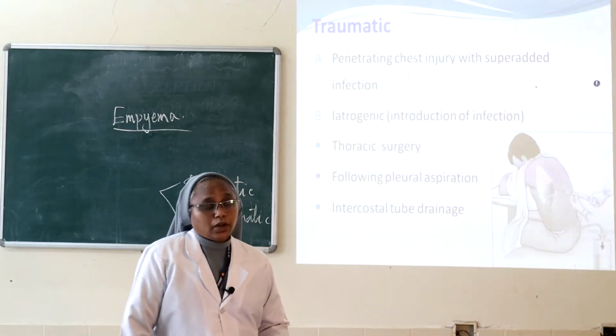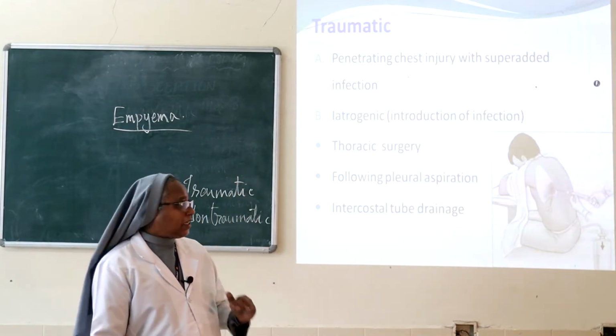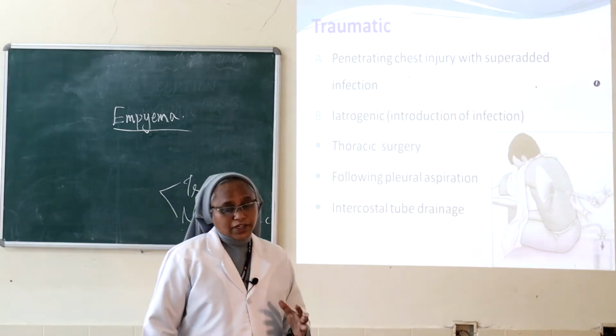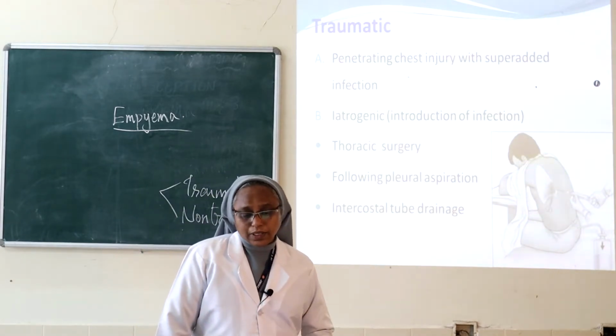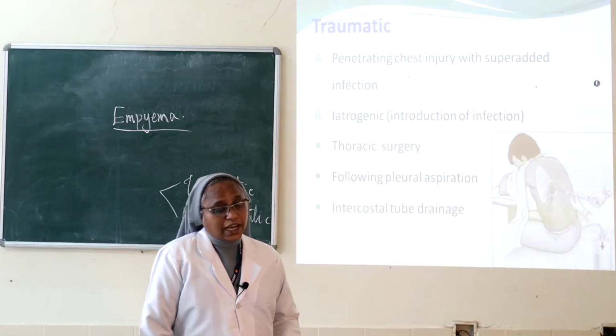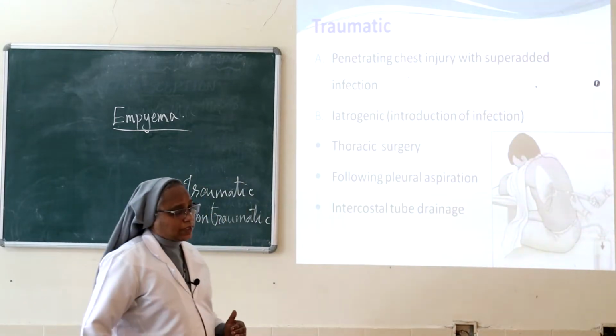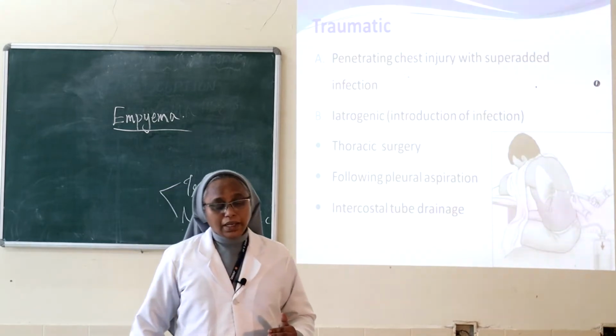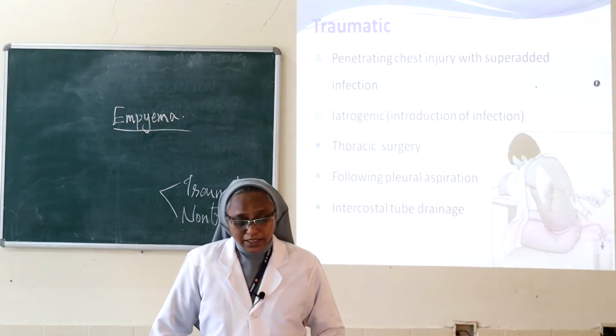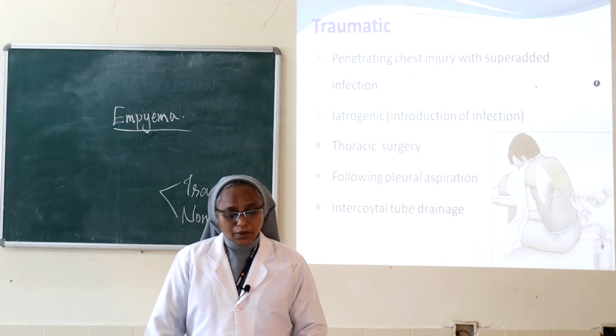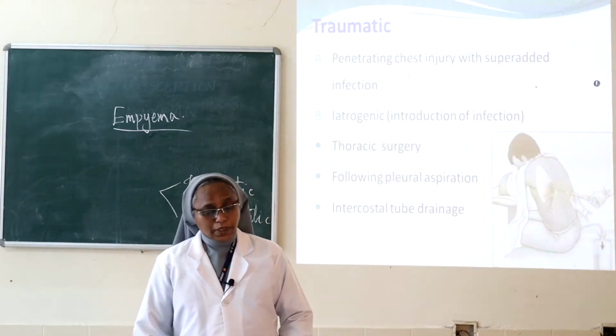In case of a road traffic accident or any penetrating injury, the infectious organisms will enter the pleural space. Second one is iatrogenic. Iatrogenic means we introduce the microorganism into the pleural cavity, mainly in case of any thoracic surgery, following pleural aspiration or intercostal tube drainage.